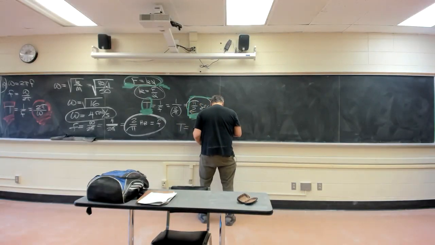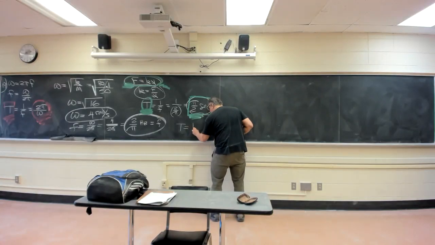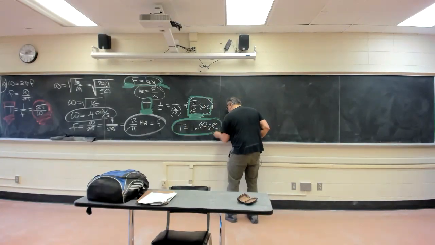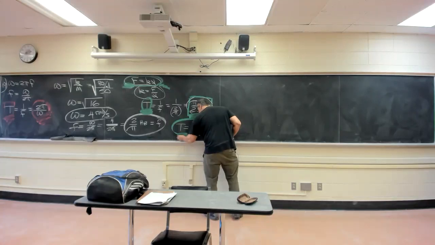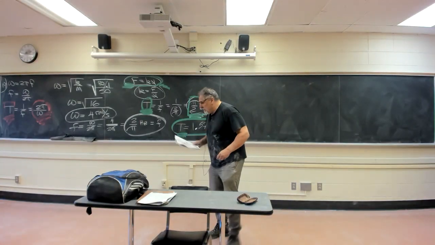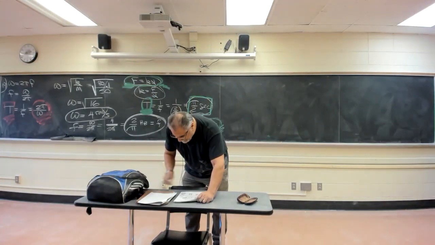Pi over 2 is 1.57 seconds. So they make us do a little bit of gymnastics, but we can do it. That was 19.